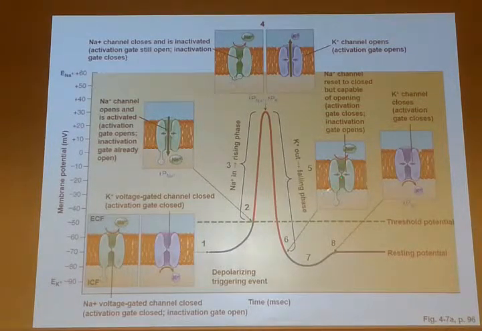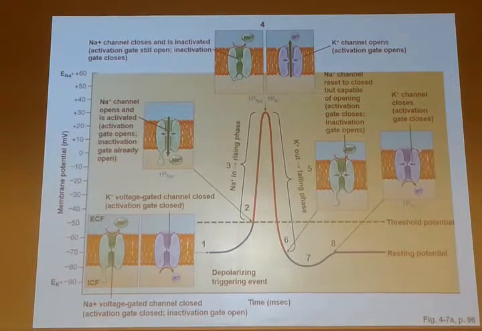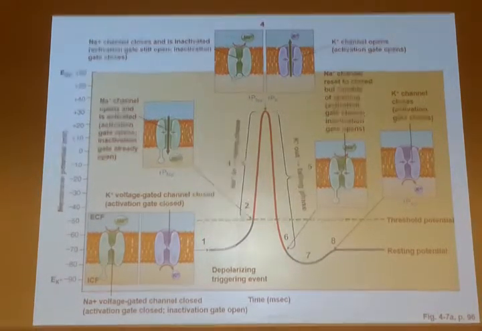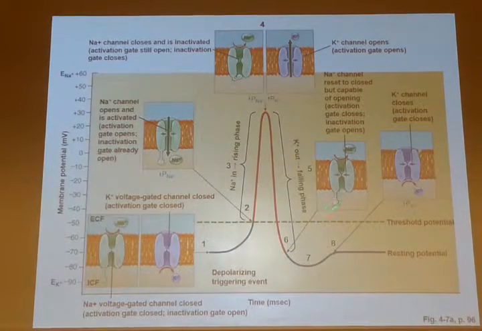So what allows the sodium channel to go from inactivation closed to activation closed, inactivation gate open? Sodium potassium ATPase pumping positive charge out, positive charge leaking out the open potassium channels. As the cell becomes more negative inside, this part of the channel protein will then open again.